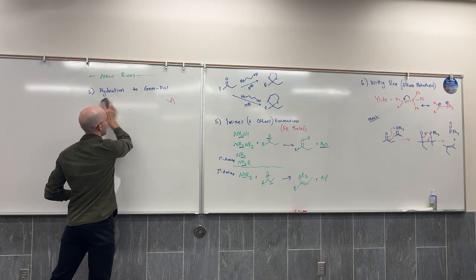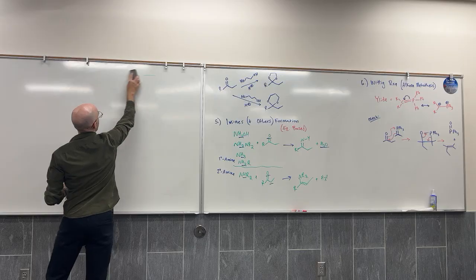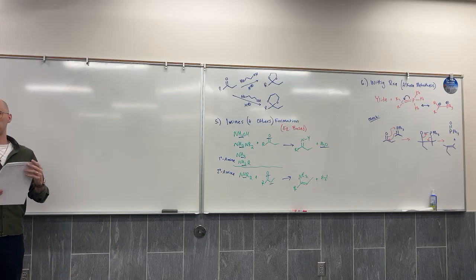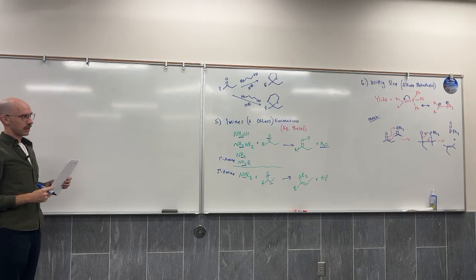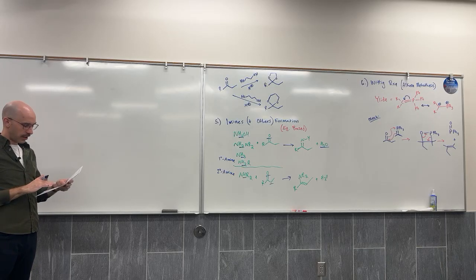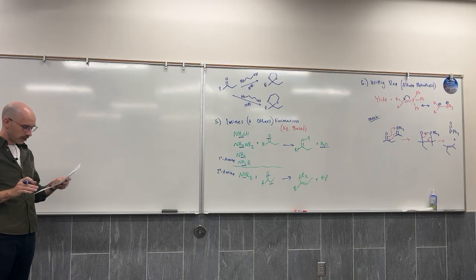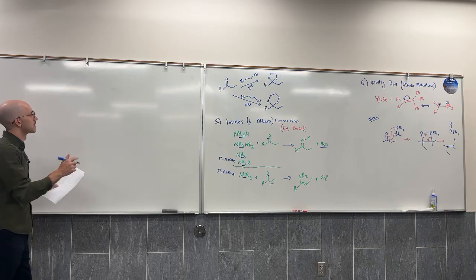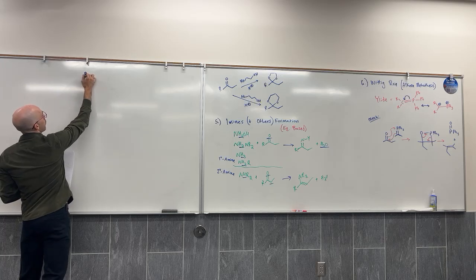So there is the possibility that you see it again, but I don't think that it's a mechanism I have on your learning objectives sheet. But how can you look at that process and understand how it proceeds? Here's your mechanism.